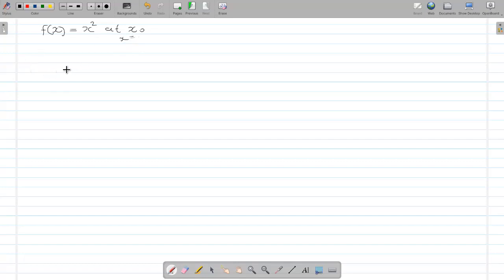So the formula for the derivative, I will call it the derivative of the tangent line, equals the limit as h goes to 0 of f(x naught plus h) minus f(x naught), divided by h.